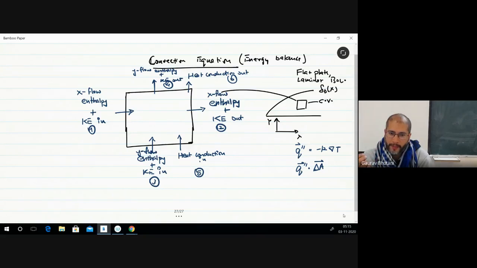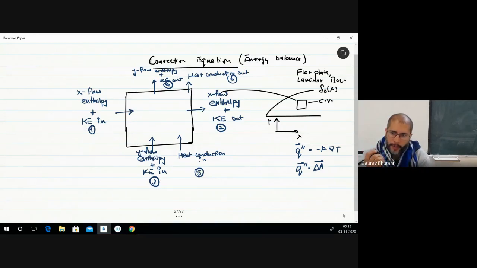This effect becomes much more prominent when you're talking about supersonic flows. The viscous effects, the shearing of one layer above the other, this work that one layer is doing over the other will result in heat getting generated. So this is some sort of work done by the fluid.